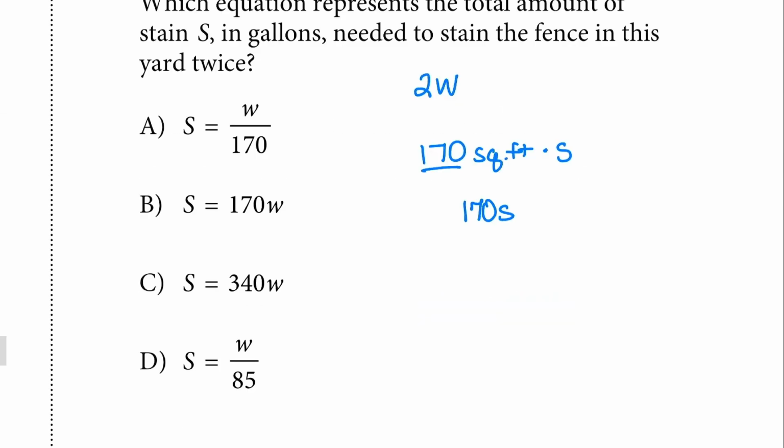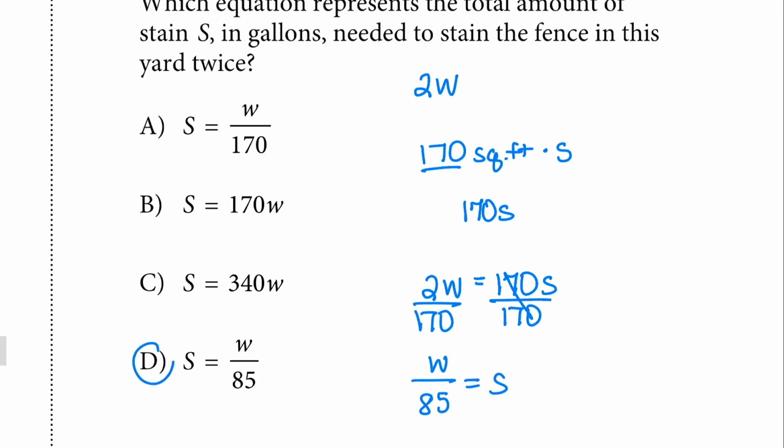So what we need is twice the amount of square feet for the fence is going to be 170 times the number of gallons that we need. So in order to solve for S, we're going to divide both sides by 170, and that's going to give us W over 85 equals S.